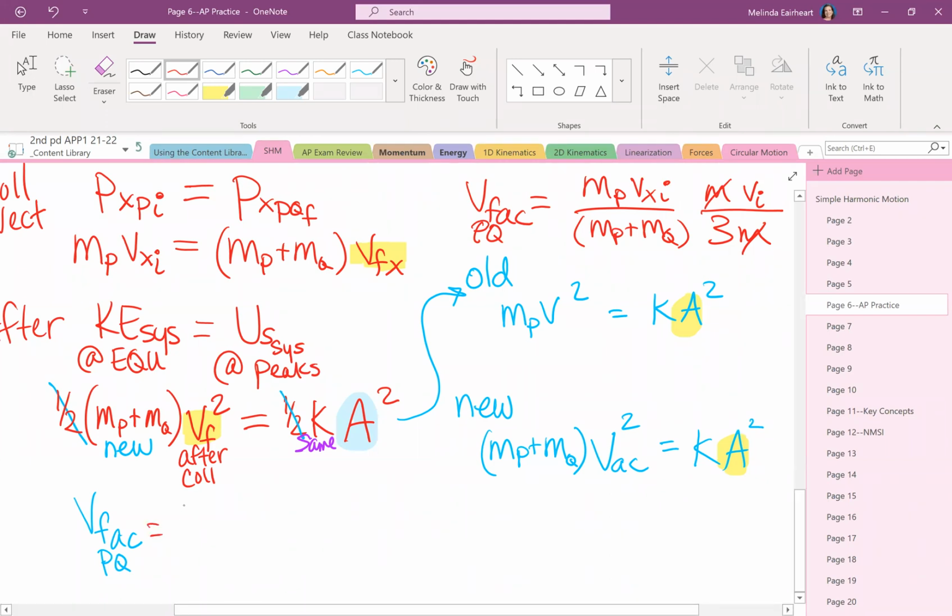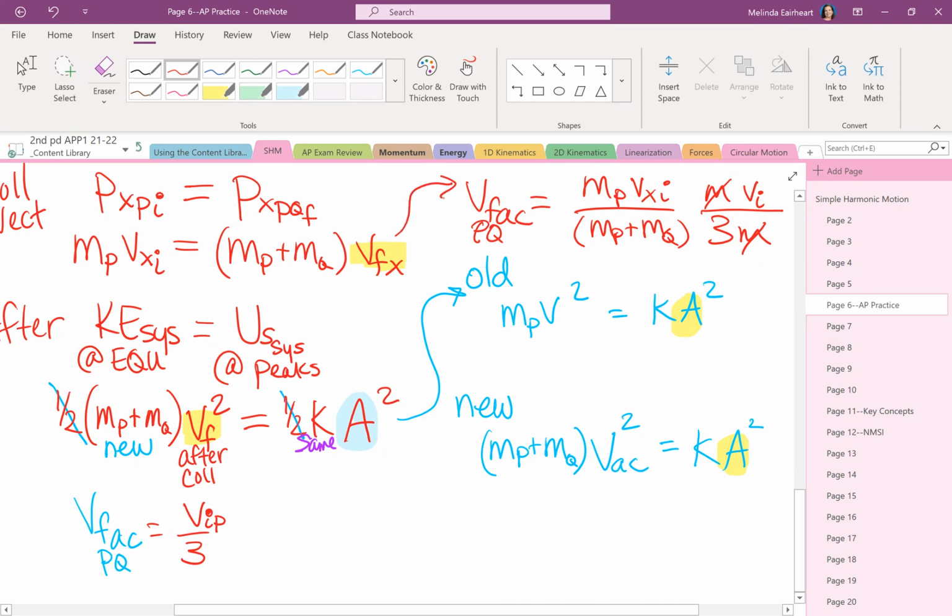And so it would be 1/3 of the initial speed of just P alone. Right? So the speed goes down, mass goes up. Does it net out to be like, well, it's all the same? From momentum, I was trying to isolate.